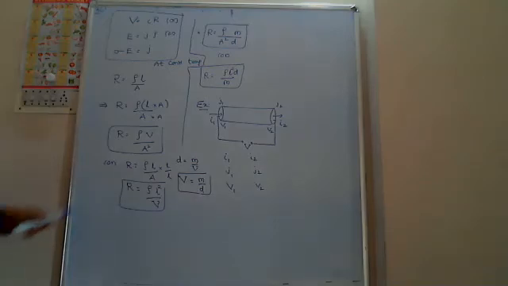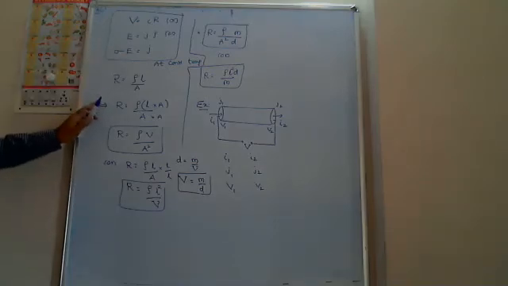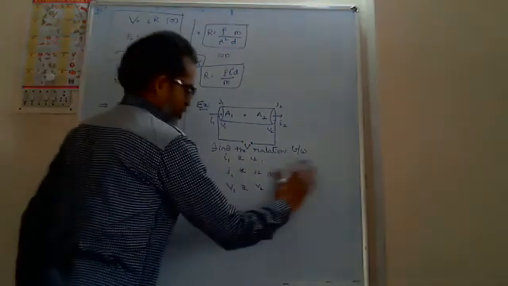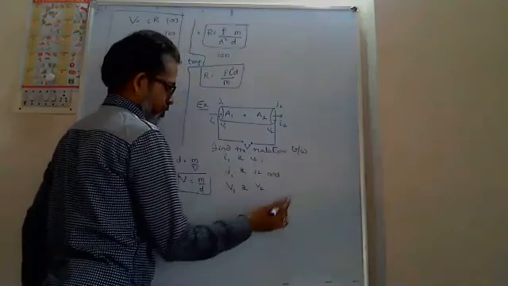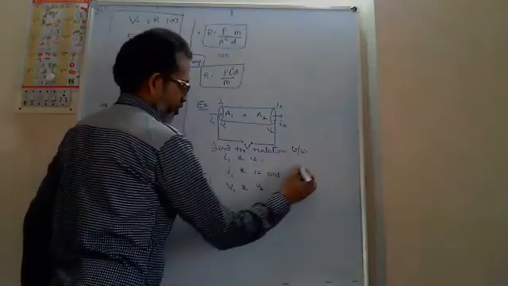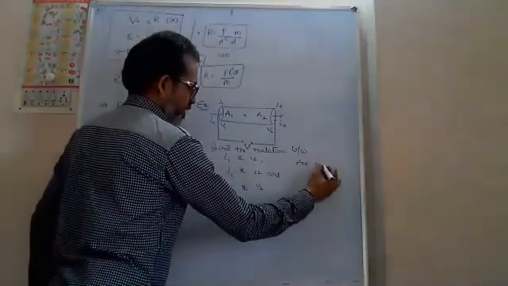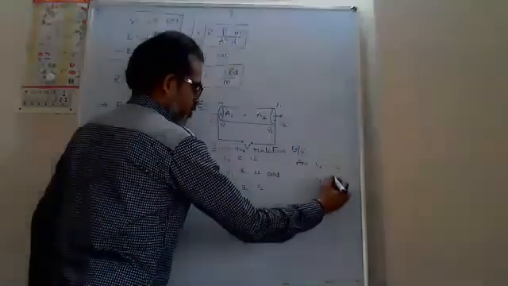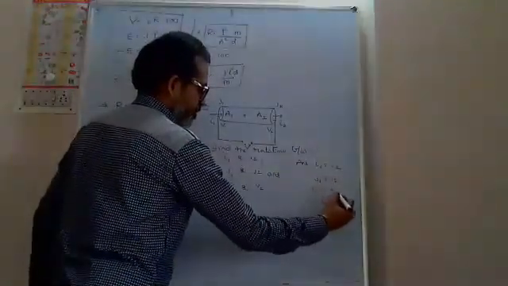Before starting that example, first let us complete this part. Sir, V1 is not equal to V2, as if there is no potential difference, it will not flow. Wait. First answer, you are saying between I1 and I2, I1 is equal to I2. Very good. Sir, V1 less than V2?